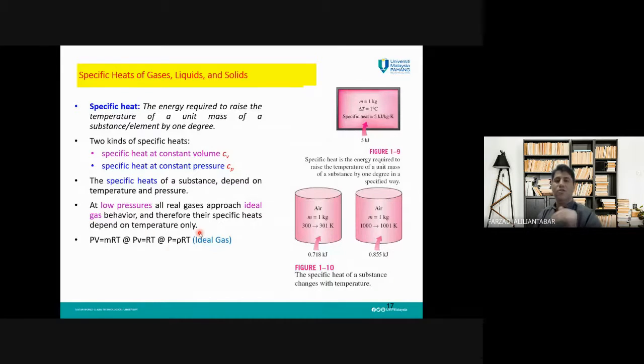But simply, you need to know that at low pressures, low pressure meaning the pressure of the environment, for example, 1 atmosphere, the gas can be assumed as ideal gas, and you can use this equation, especially for air, because for heat transfer, we use air in most of the cases for cooling down something or even to increase the temperature of something.